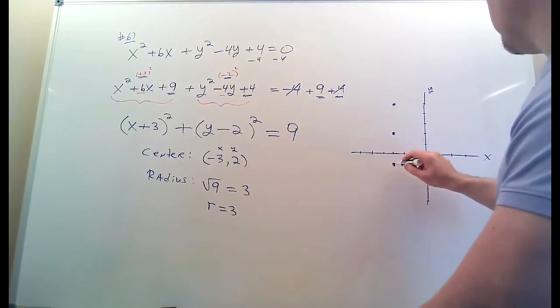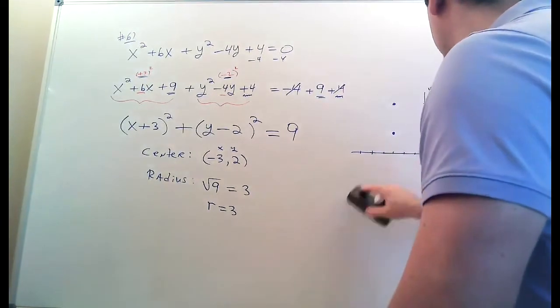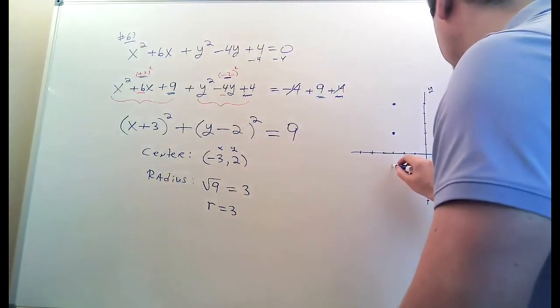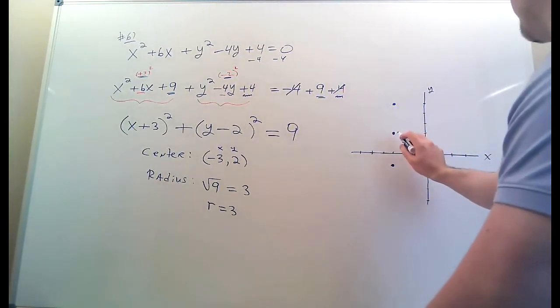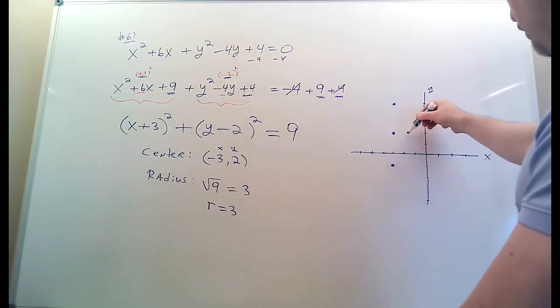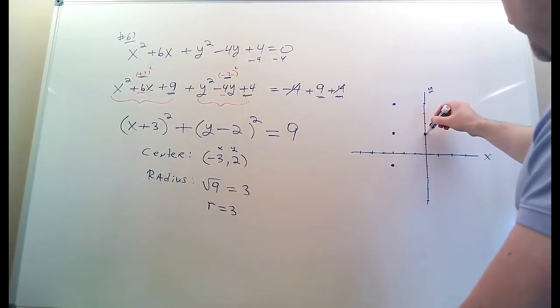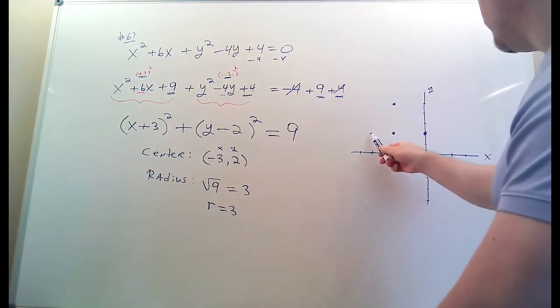I can already see it's not going to be perfectly circular. I didn't go down far enough. I'll try to make it better. Now I got to go to the right 3. 1, 2, 3. Ooh, I landed on the y-axis. That's cool. Now I got to go left 3. 1, 2, 3.